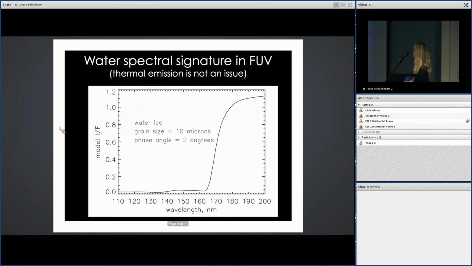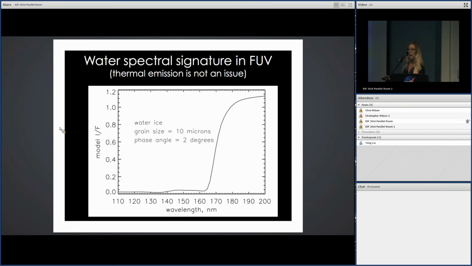LAMP senses hydration because there's a very strong water-ice absorption edge in LAMP's spectral regime. This is 110 to 200 nanometers, and the water-ice absorption edge is at 165 nanometers or thereabouts. The absorption edge location depends a little bit on grain size.